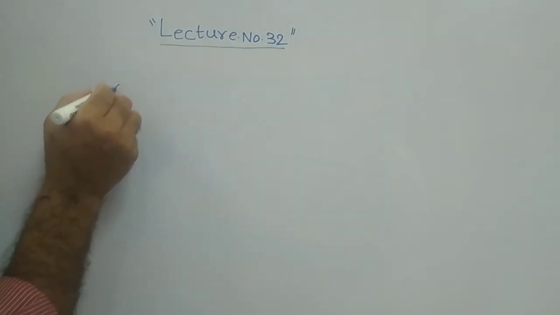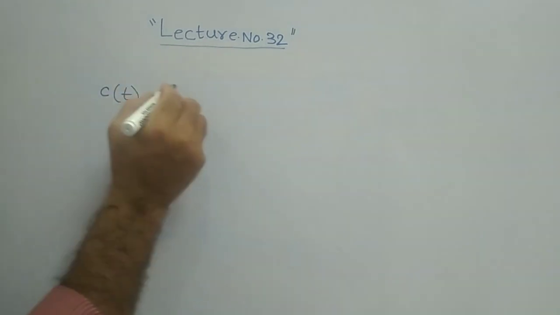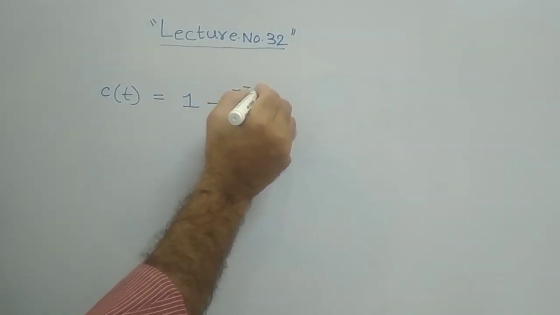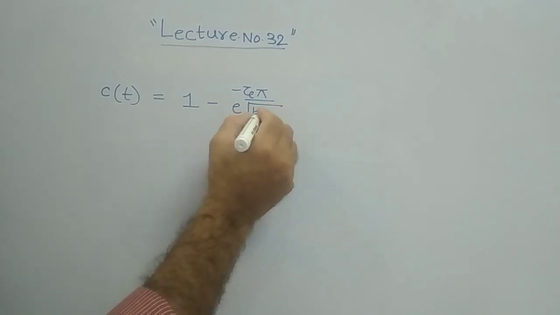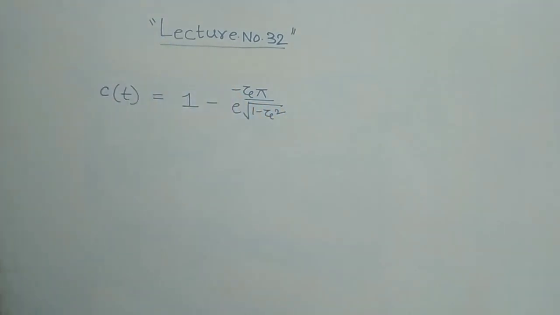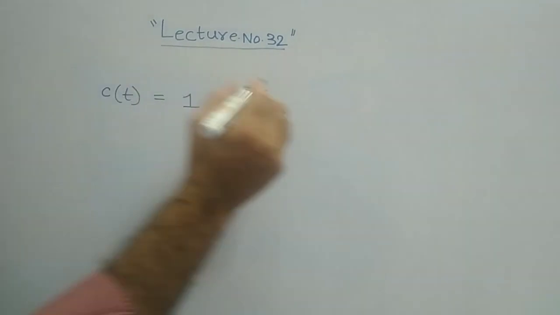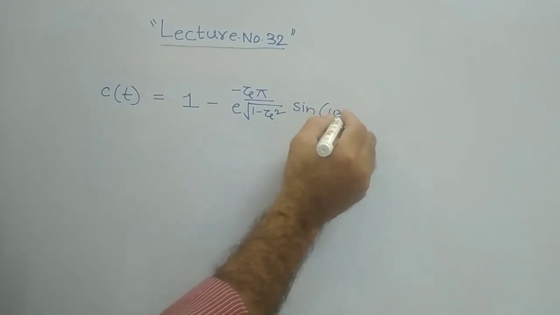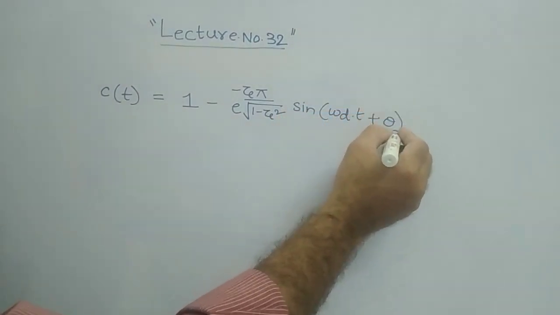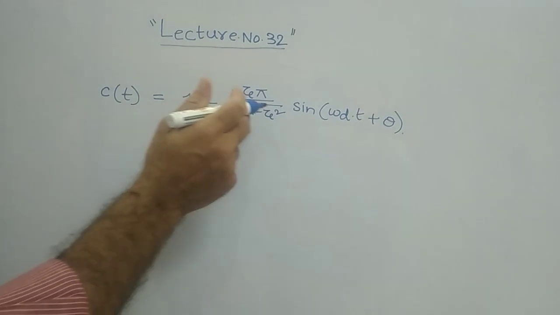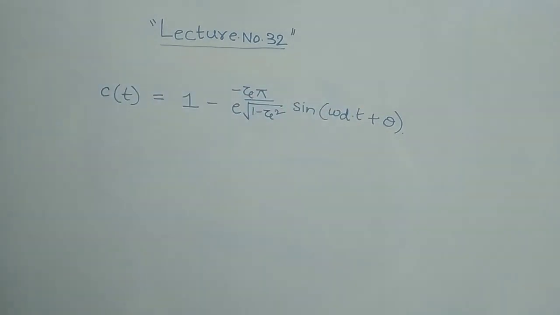The response of a second order system for a unit step input can be given as C of t is equal to 1 minus e power minus zeta omega n t, divided by square root of 1 minus zeta square, into sine of omega d t plus theta.